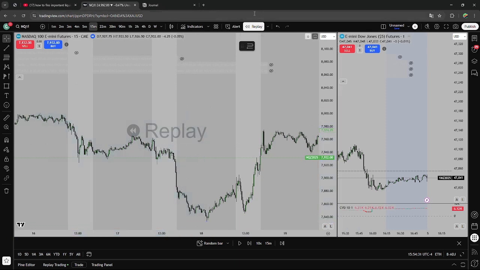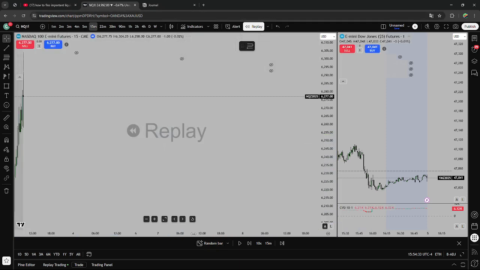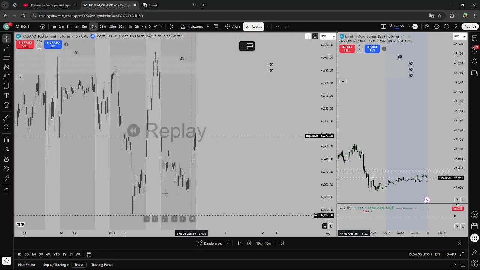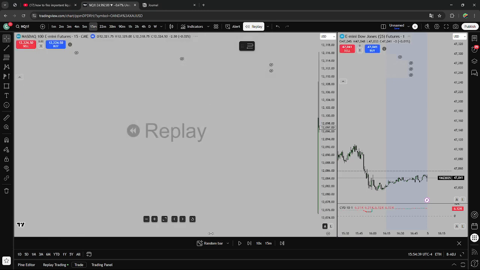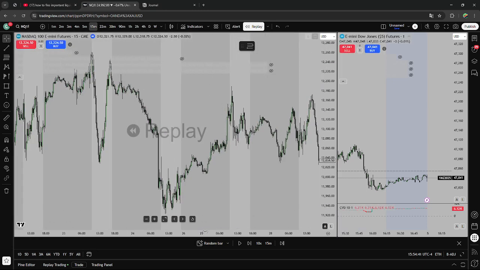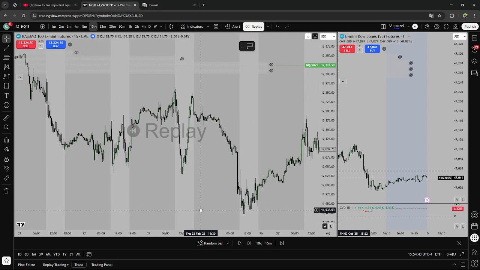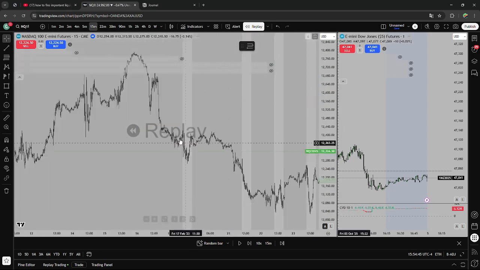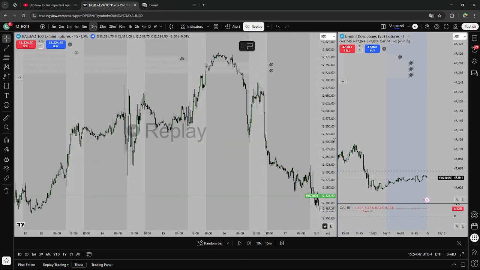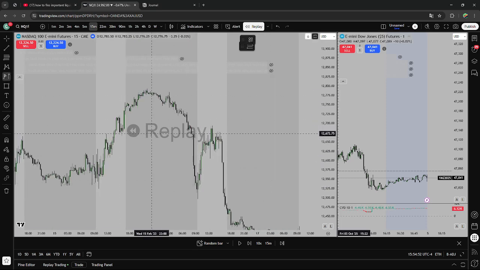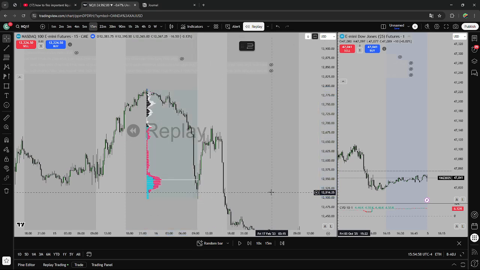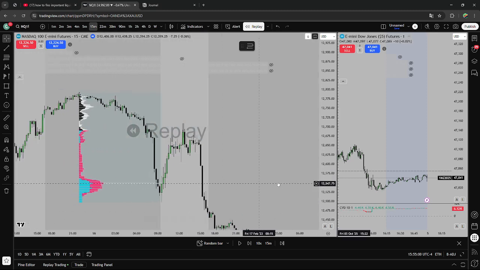Let's take one more. Let's take a swing high to swing low. Let's take this one. Okay. Pretty good example, I think, because we would have no idea where to retrace from, right?